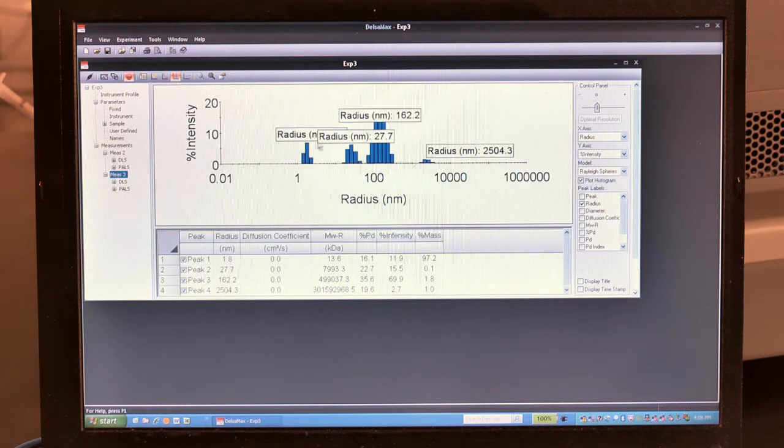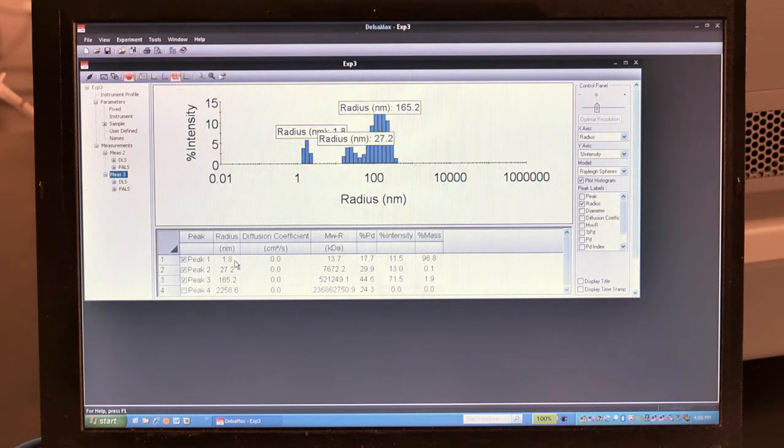You see here we have a number of peaks because this measurement is still being done in real time. But you see our smallest peak is right at 1.8 nanometers, exactly where we expect the micelle peak to be. We have larger species, which is actually a conglomeration of the surfactant micelles of the SDS.